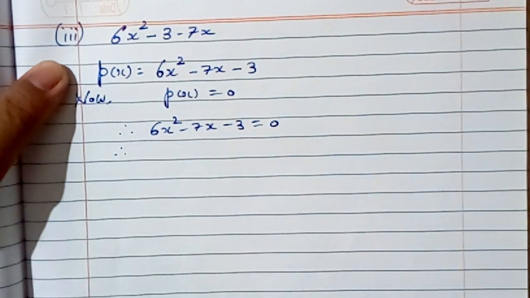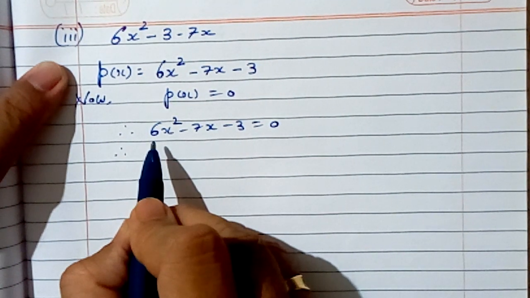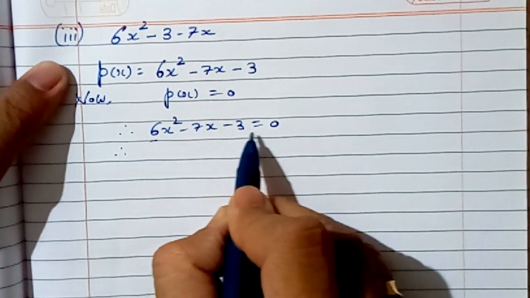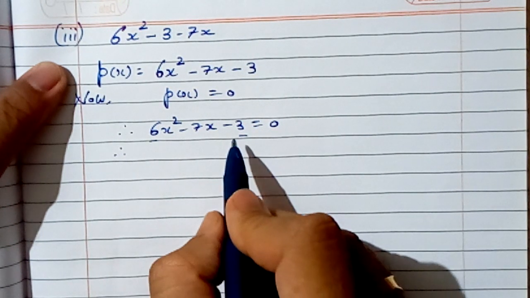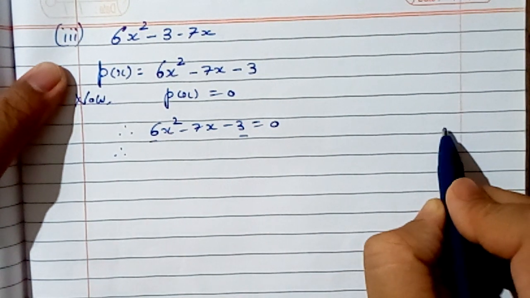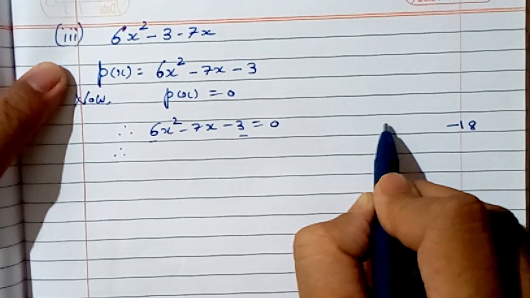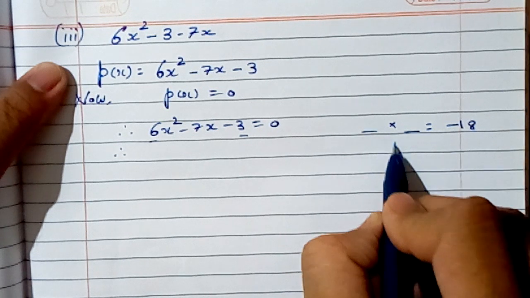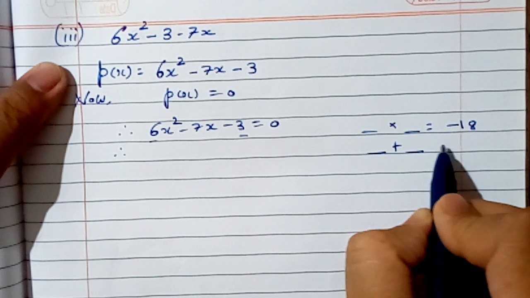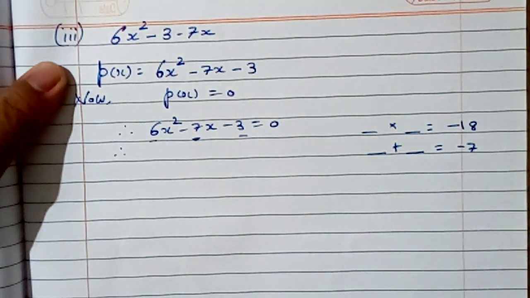Therefore now we have to think again, here you have to take 6 3s are 18 and that is minus 18 because of minus 3. So we have to think and split. We have to take two numbers such that their product is minus 18, but the sum of those two numbers must be minus 7.